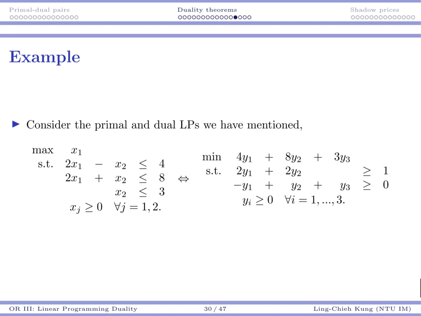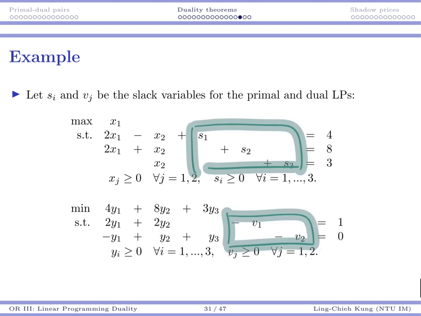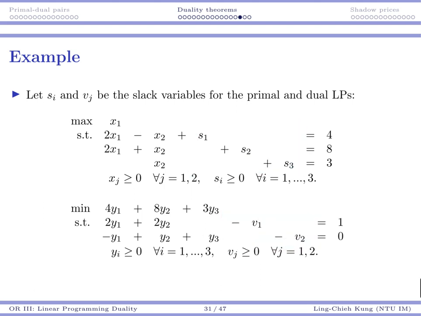So let's take a look at, again, an example. This example is the one that we just mentioned. You have a primal and a dual. Both of them at this moment are inequalities. So let's add slack variables to these two programs to make both of them standard form.